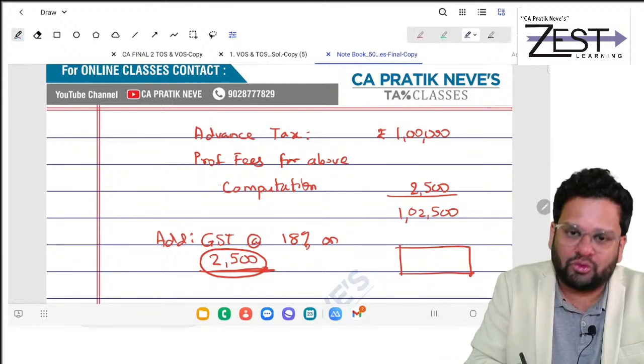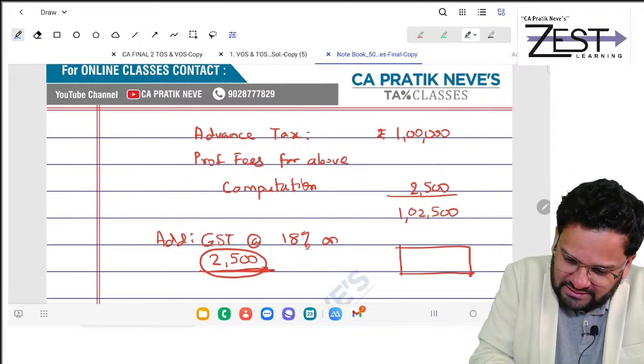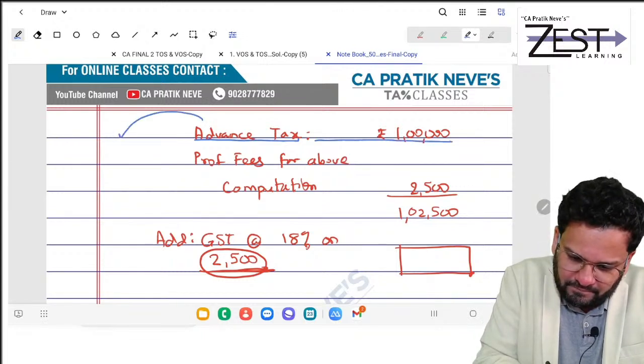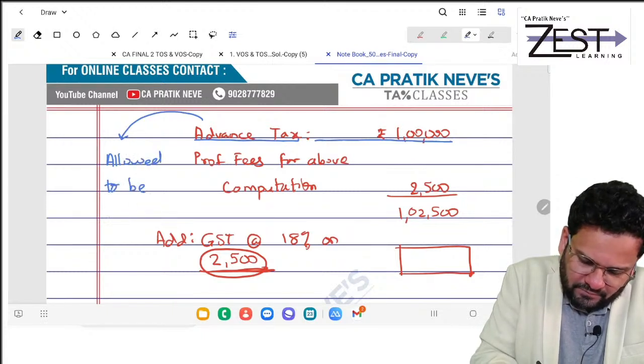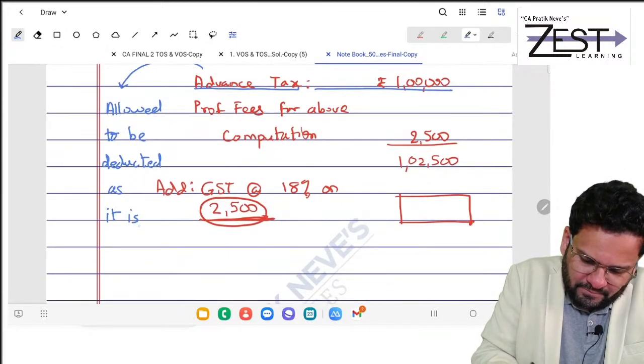Thankfully, because this advance tax amount, do you agree? No, this is not clause B. This advance tax amount is allowed to be deducted as it is recovered as pure agent.